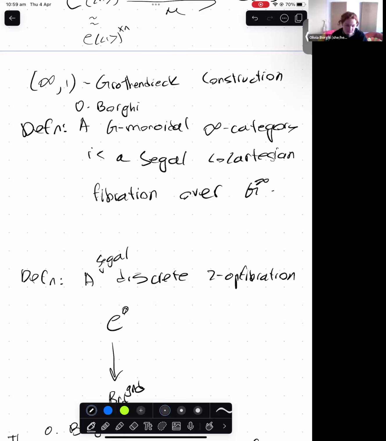Oh, I hadn't thought about that. Yeah, certainly there should be. I'm not sure about a blank monoidal category, or maybe not G but an H-monoidal infinity category.